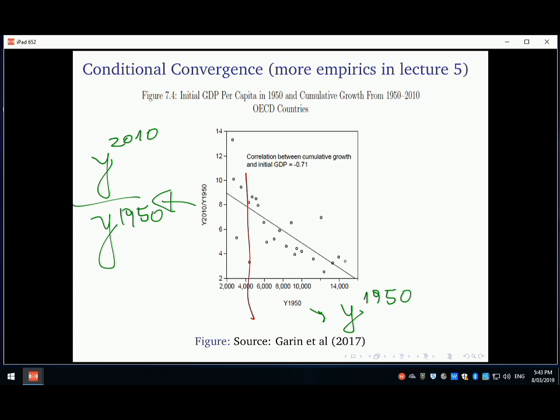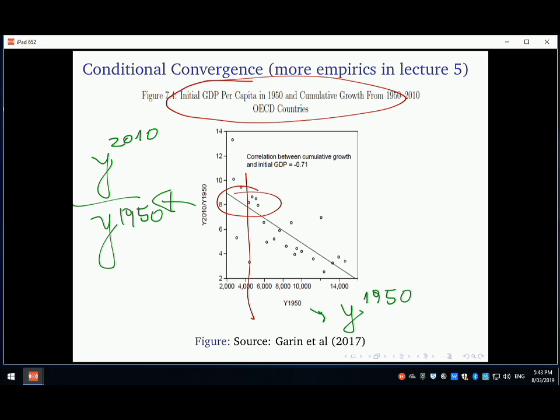These countries out here, I mean, there is an outlier, but on average, these countries grew much more than the others, because that ratio is larger than for other countries that were richer at the initial level. So this is saying that poorer countries grew more than richer countries, but this is not in the whole world. This is for the group of allied countries in the OECD.